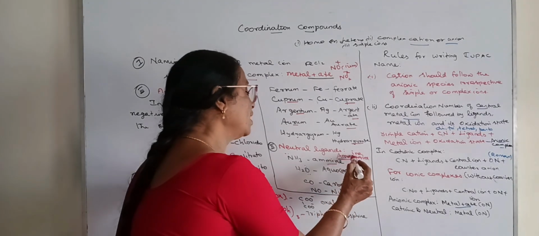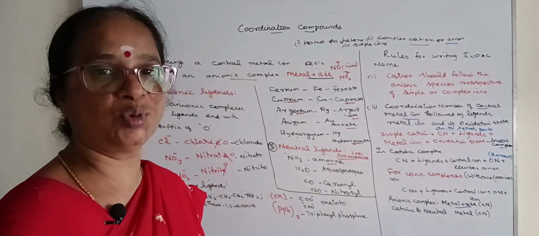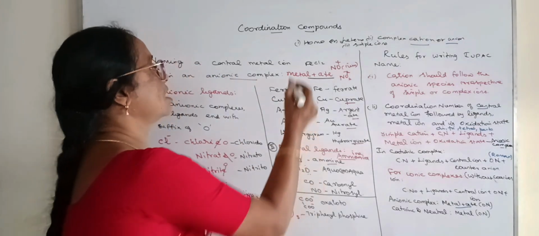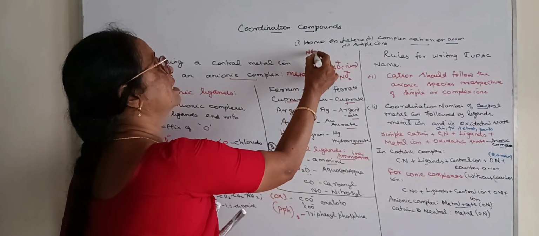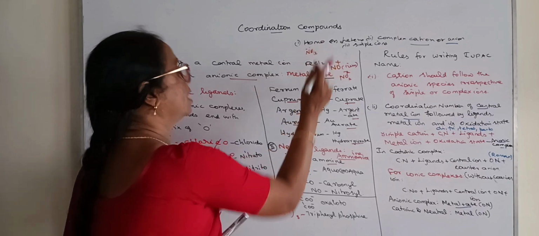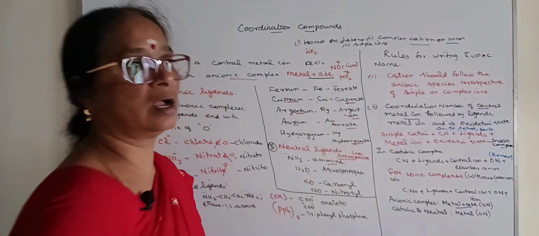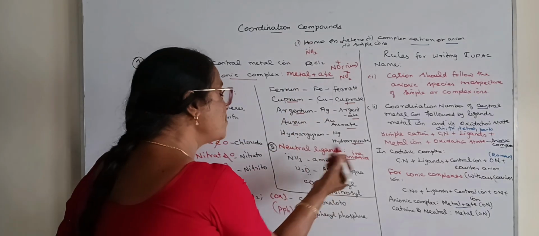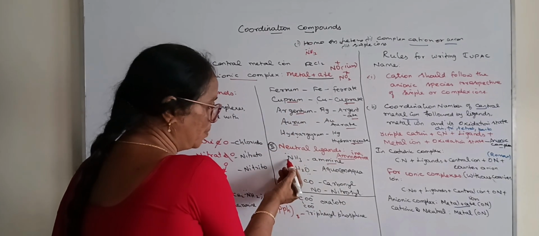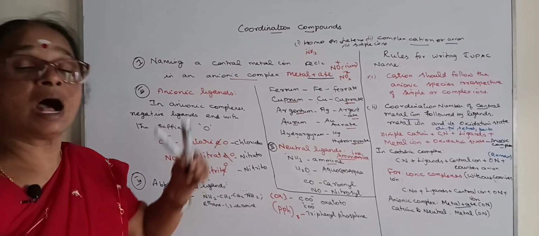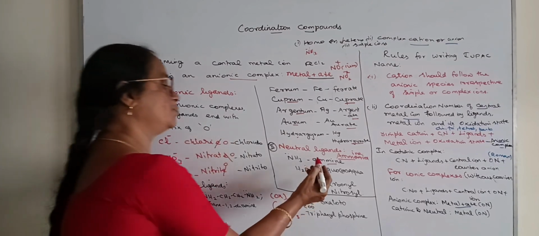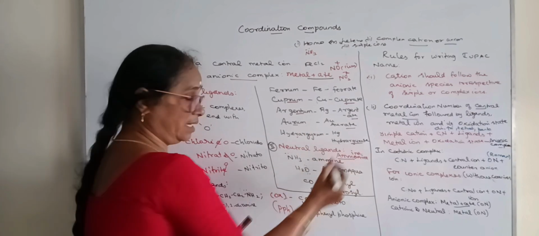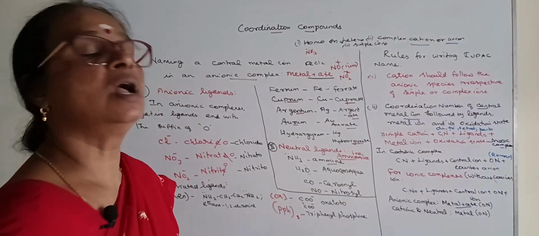Amine is a different class of compound, with the formula NH2, but here we are taking ammonia. So to distinguish amine from ammonia, the extra m is included when we name the ammonia molecule as a ligand. So the spelling for ammine is important.